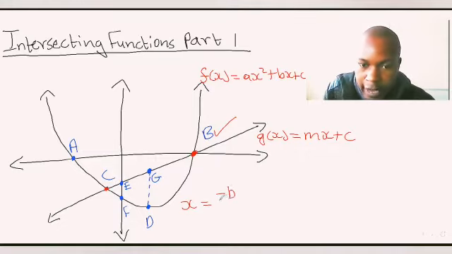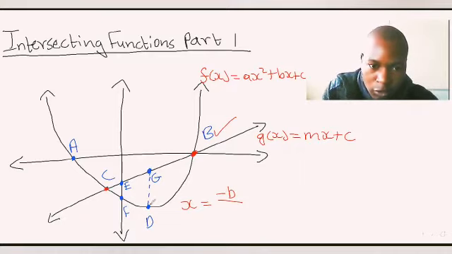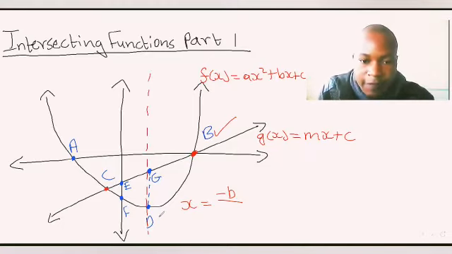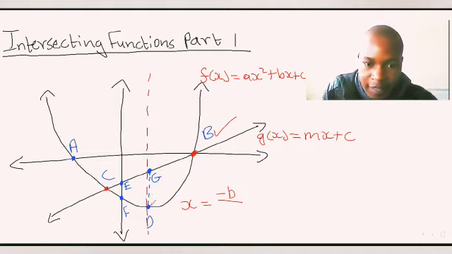So remember that the x coordinate of the turning point is also your axis of symmetry. So that's the equation of the axis of symmetry. So remember that that in itself cuts the graph in half. So you would essentially have the left side of the graph as well as the right side of the graph.